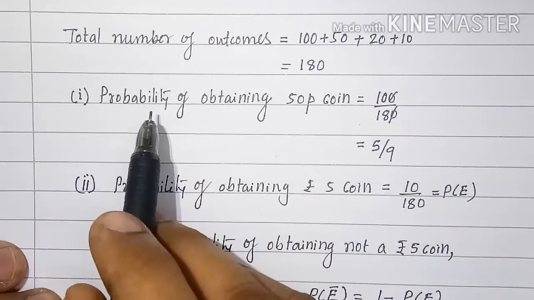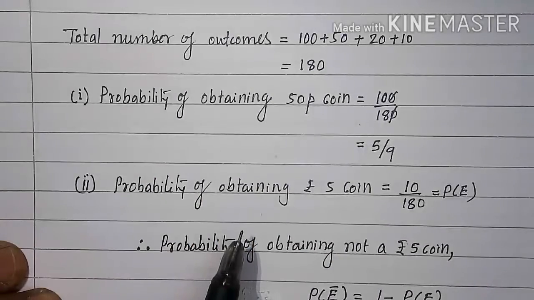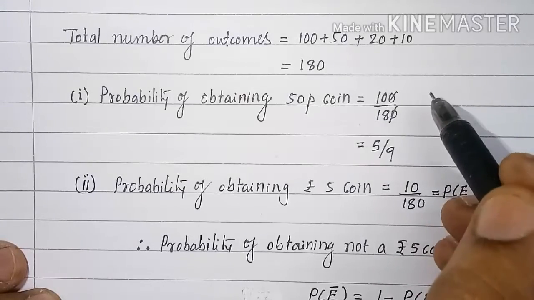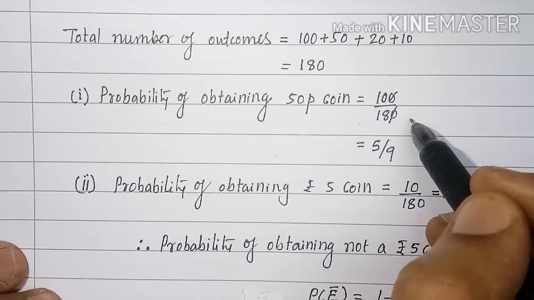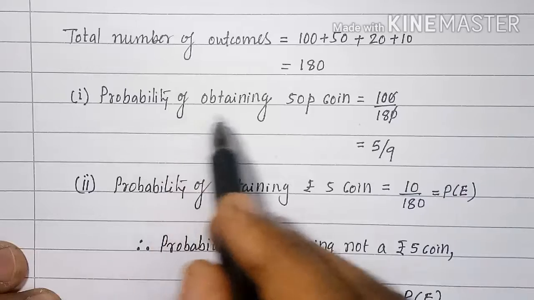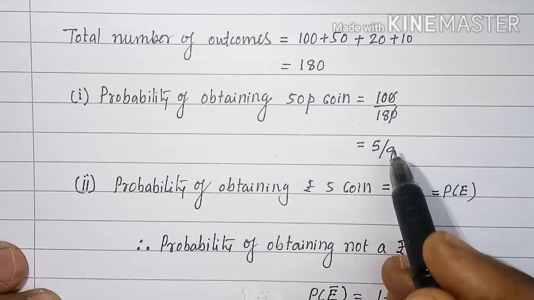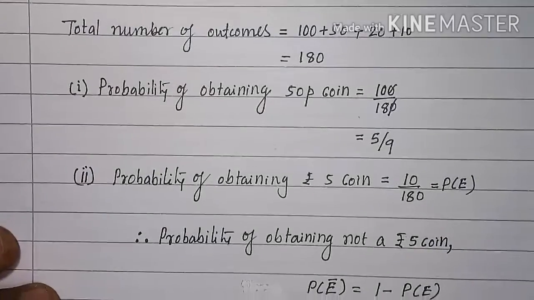In first part we have to calculate probability of obtaining 50 paise coin, since number of 50 paise coins is 100 and the total number of outcomes is 180. Probability of obtaining 50 paise coins will be 100 by 180, which when simplified becomes 5 by 9.